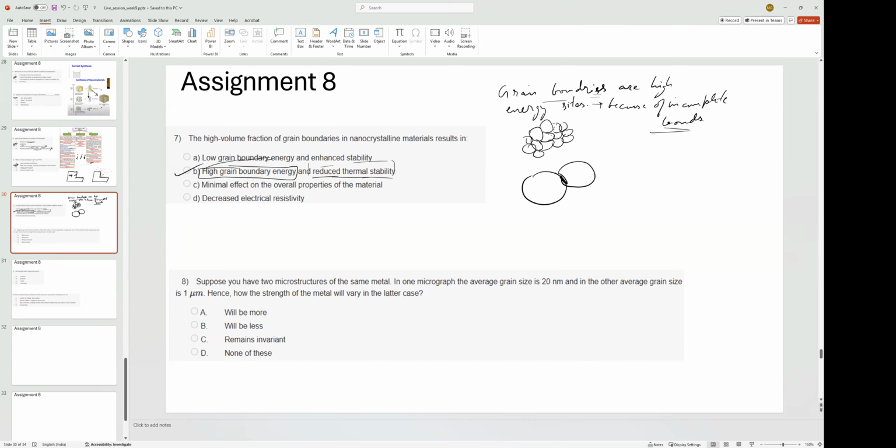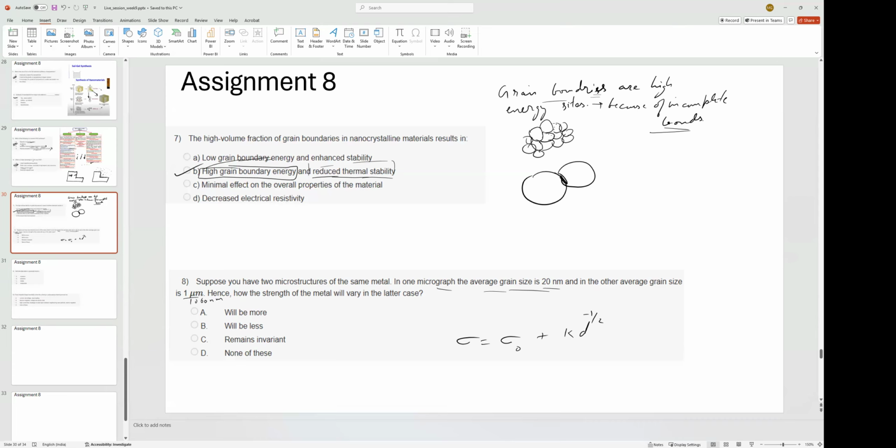Suppose you have two microstructures of the same metal. Oh, this we already did. But again, sigma equals sigma naught plus k d to the power minus half. So one micrograph has 20 nanometer grains, the other has 1 micron, or 1000 nanometer.